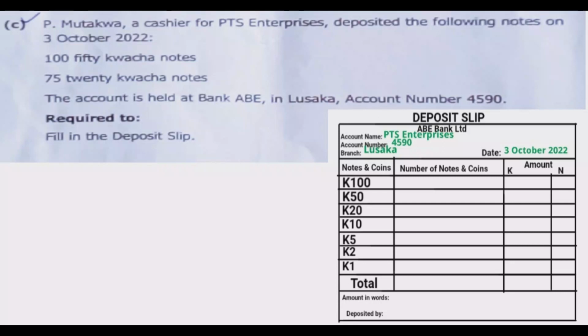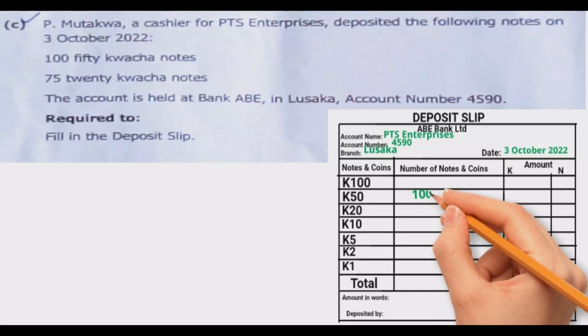So when you go back to the statement, do we have 100 kwacha notes there? No, there is nowhere where 100 kwacha notes are coming out. When we go to 50 kwacha, do we have 50 kwacha notes in the statement? Yes. How many 50 kwachas does P Mutakwa have? He has 100 notes.